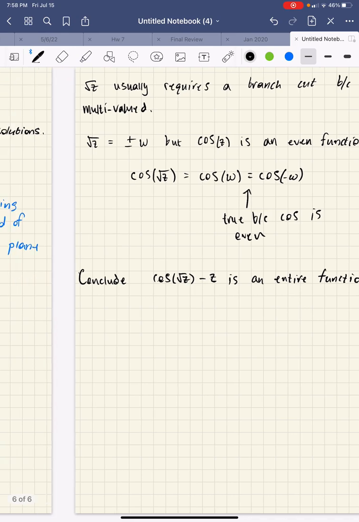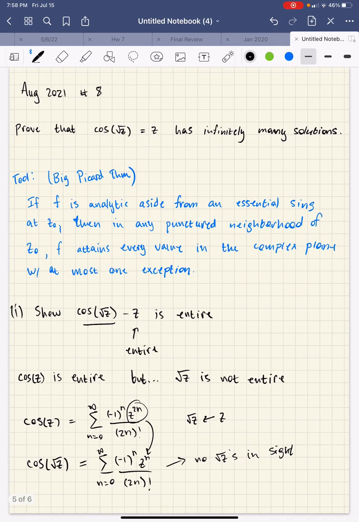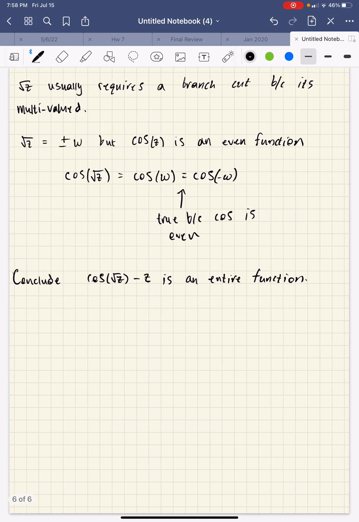So let's recall our big theorem. If f is analytic aside from an essential singularity at z0, then in any punctured neighborhood of z0, f attains every value in the complex plane with at most one exception. So this theorem has to do with analytic functions, but also functions that have essential singularities. If you recall, all entire functions can be classified by their type of singularity at infinity.